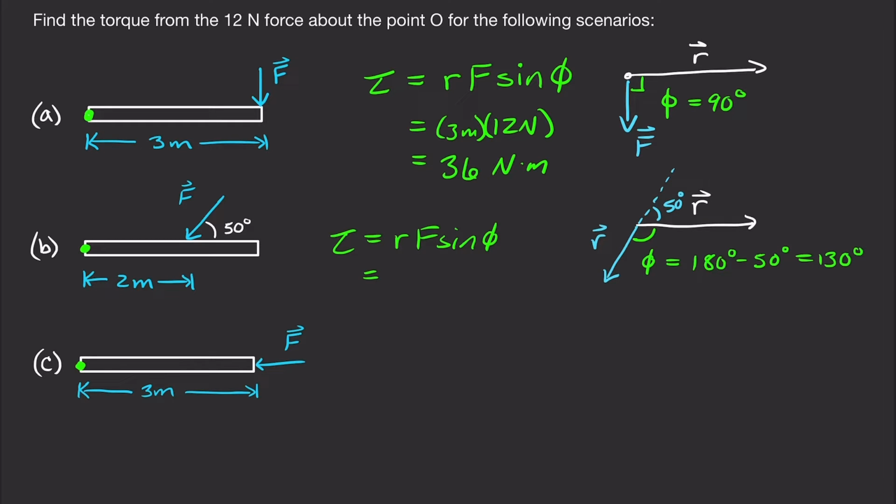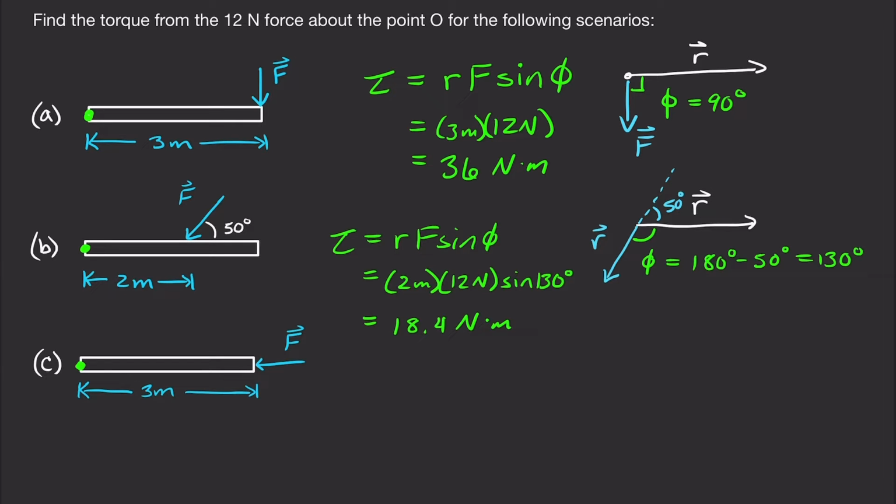And now we can just plug in. So this is 2 meters times 12 newtons times sine of 130, and that gives 18.4 Newton meters. And for part C, we can do the same thing, except we notice that F is radial.